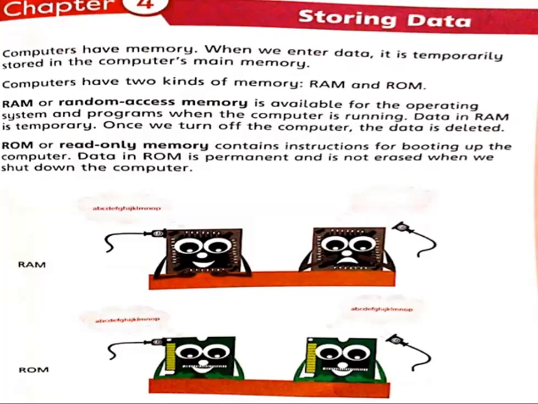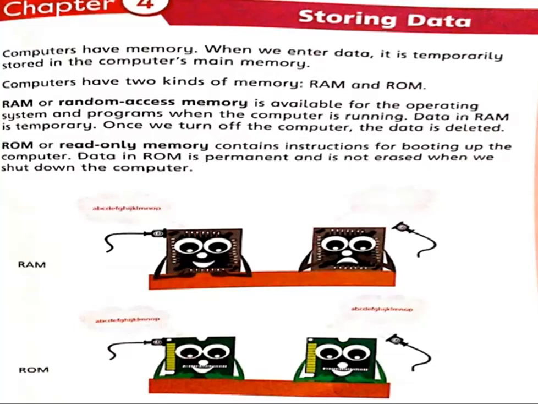One is permanent, the other one is temporary. And RAM is a temporary memory. We can also call it volatile memory because once we turn off the computer, the data will be erased. And ROM is a permanent or non-volatile memory because data in ROM is permanent and it is not erased when we shut down the computer.